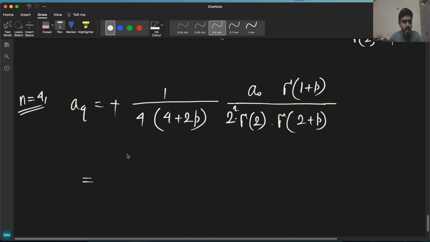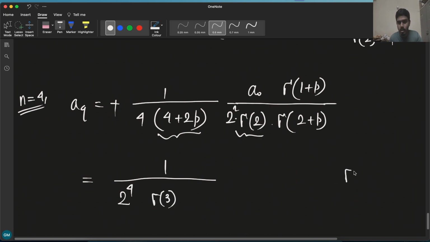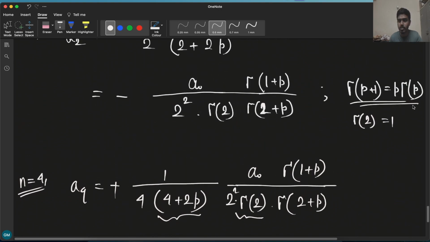And this I can write as 1 by, so here this 4 is 2 square and there is a 2 square here also, so I can write it as 2 to the power 4 times, if I take a 2 common and multiply with gamma 2, then I will get gamma 3, because gamma 3 is basically 2 times gamma 2, following this relation.